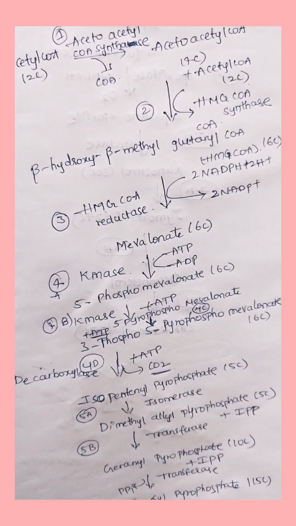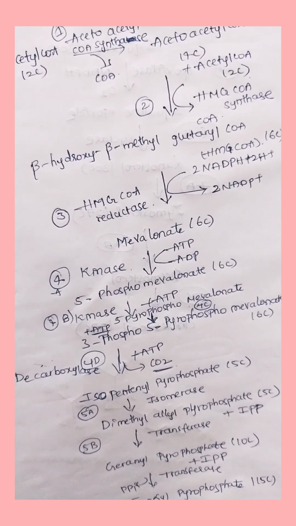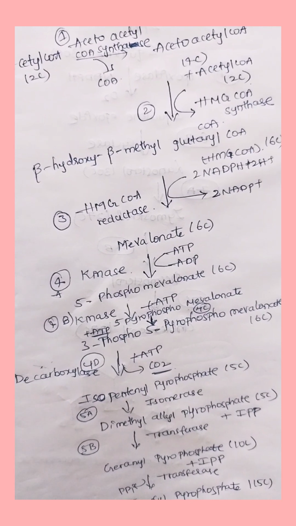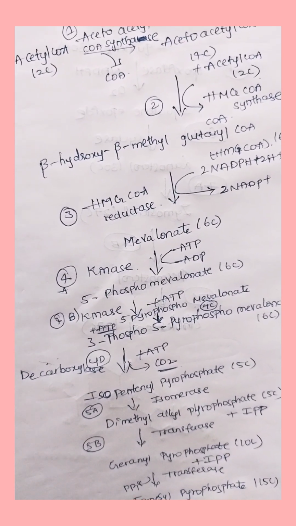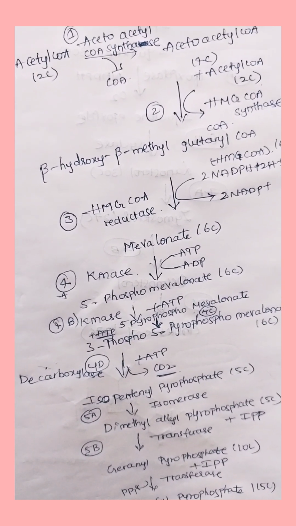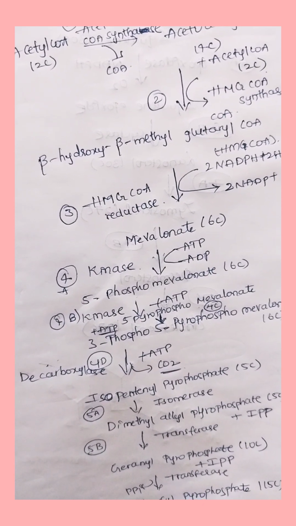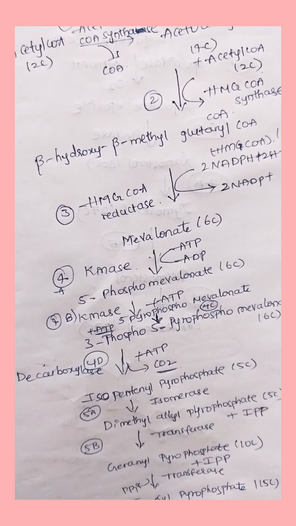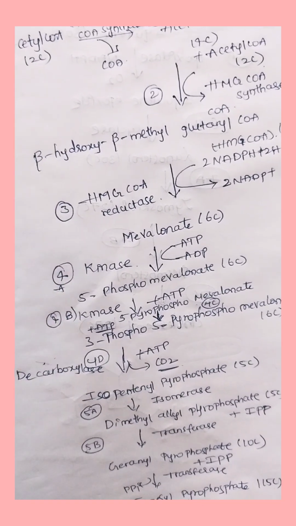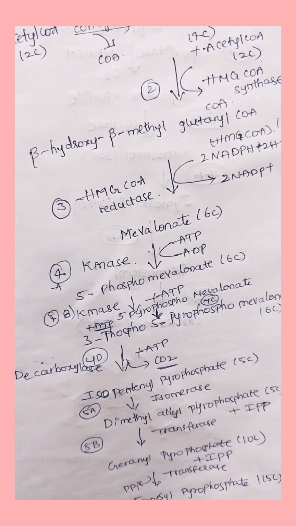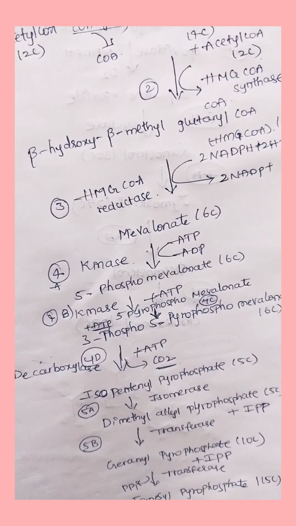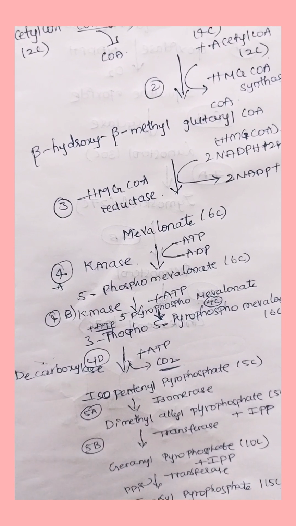The fourth step is phosphorylation. In the presence of kinase, ATP is converted into ADP, and phosphate is added at the fifth position. So we get 5 phosphomevalonate, which is a 6 carbon compound.